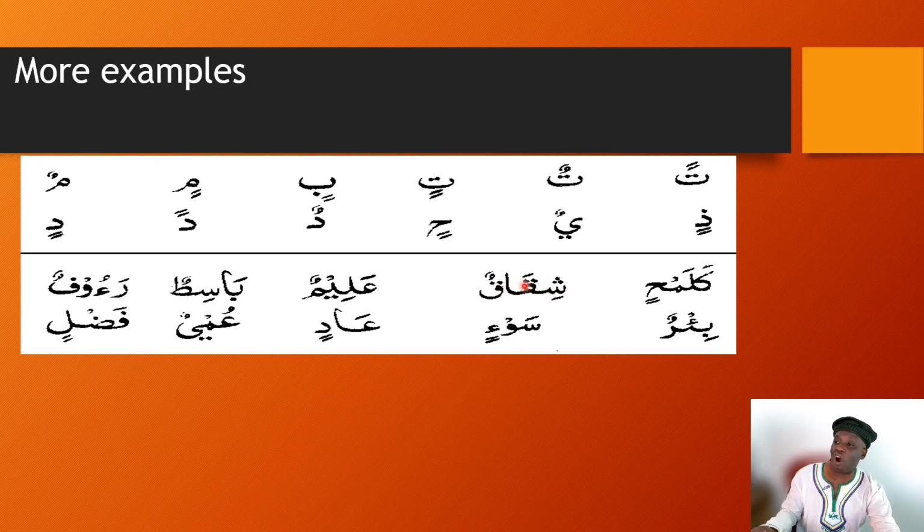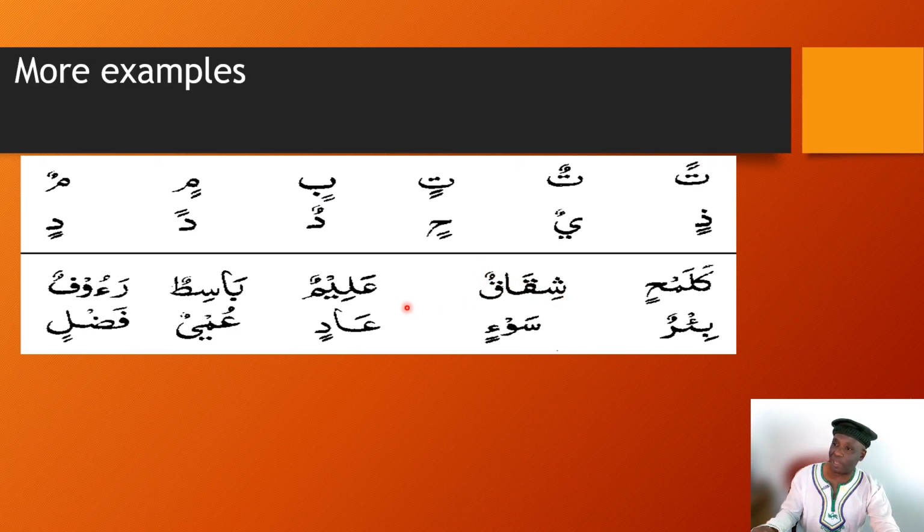So if you take the alif out, it's going to be shiqa. But because there is the alif, you have to lengthen the pronunciation of the qa, so it's going to be shiqa. In qaf, Dammatain gives you the sound of qun, so that it's shiqaqun.